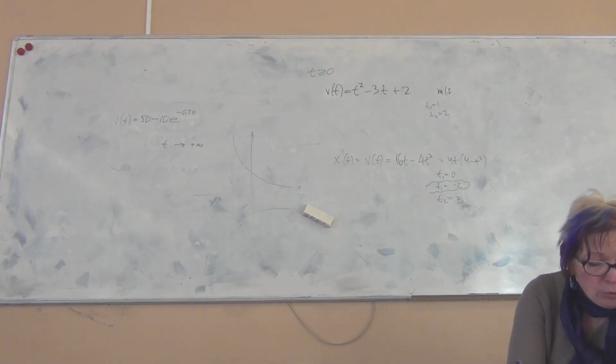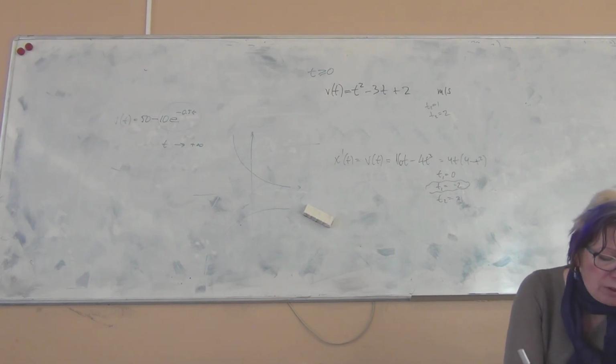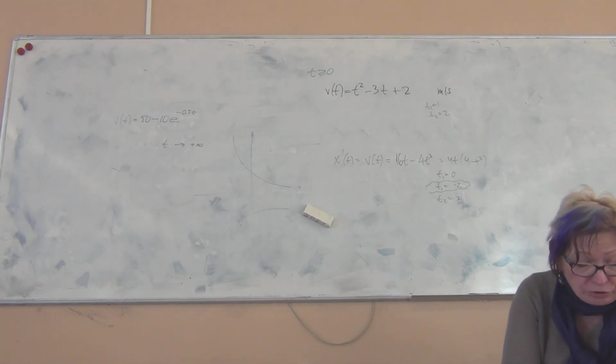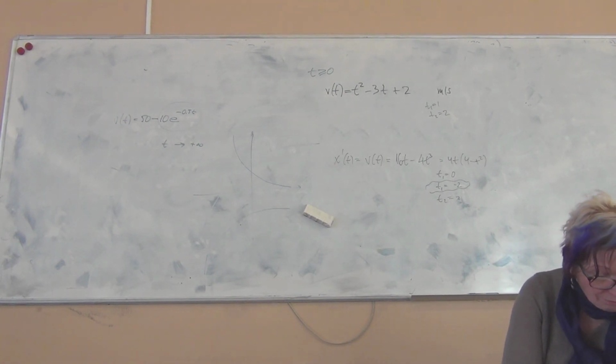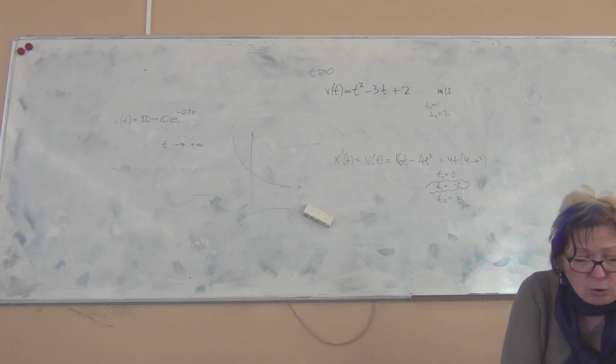Okay, how do we show that the particle's acceleration is always positive? How long would it take for the particle's velocity to increase to 45 meters per second? And so on. So if t is 0, what is the initial velocity of this particle?